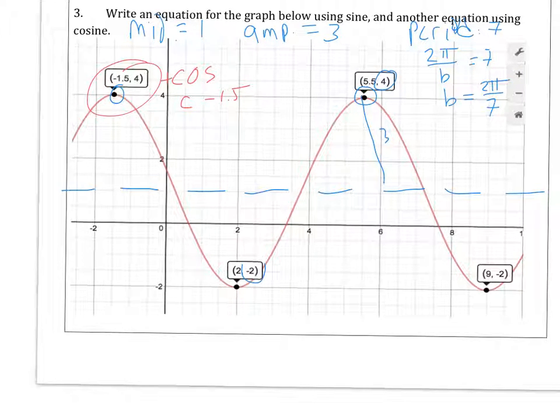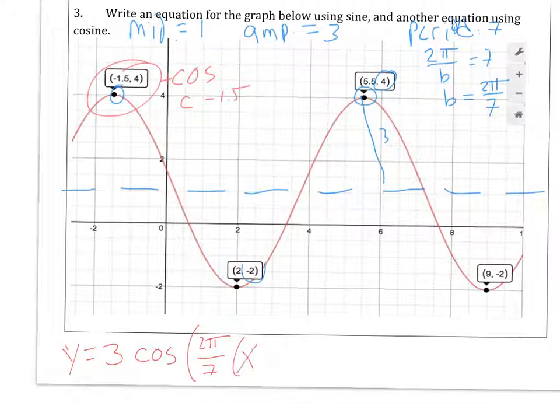Okay, that equation is going to look like y equals 3 cosine of 2 pi over 7 x minus negative 1.5, or x plus 1.5, and then plus 1 at the end.